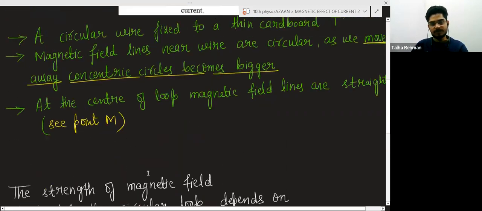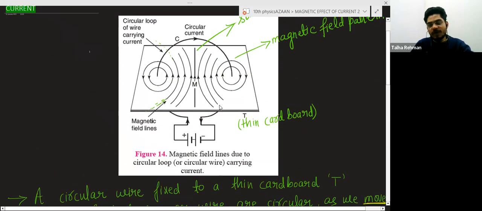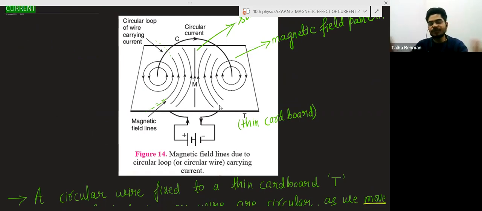This is a wire of one turn. You can take a straight wire and make it circular. It will be one turn. After that, another turn, another turn. So there can be n number of turns.